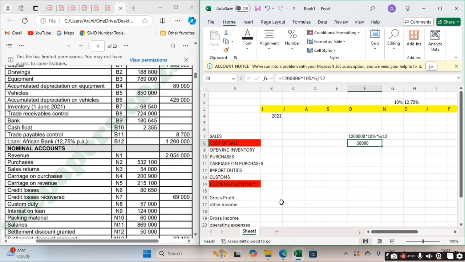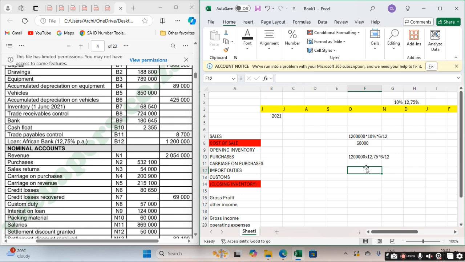So now the other 6 months, let's calculate. We're still using 1,200,000, multiplied by now we're not multiplying by 10%, we're multiplying by 12.75 multiplied by 6 over 12 to get what?